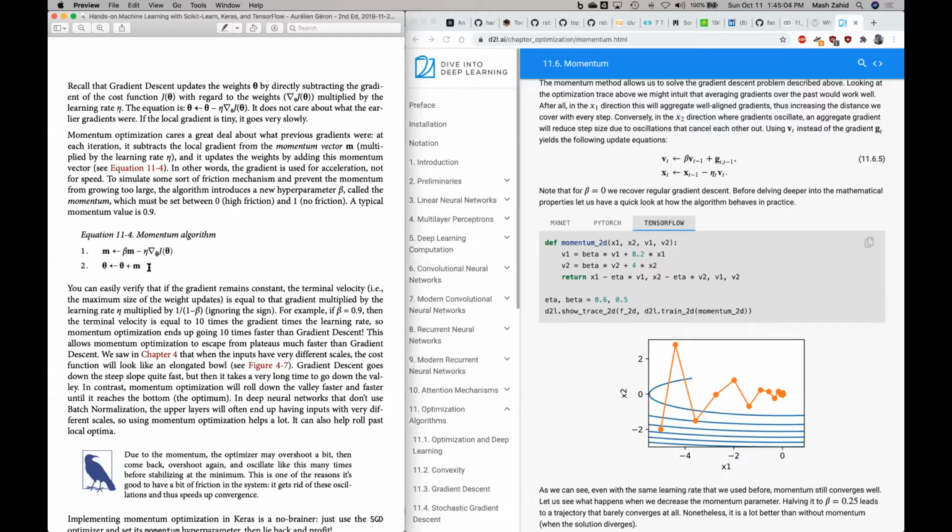And as Arto said, initially when M is initialized to 0, then the first M is going to be nothing but the initial gradient, which is minus eta times the gradient of theta. So that's your first gradient. And then obviously this will get added or subtracted to the weights on the second step.